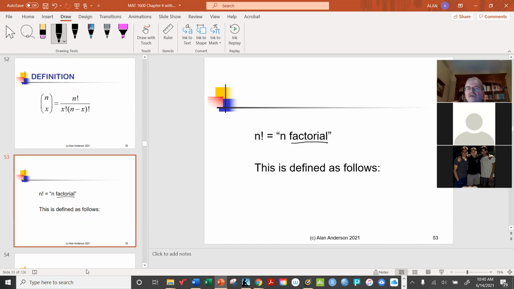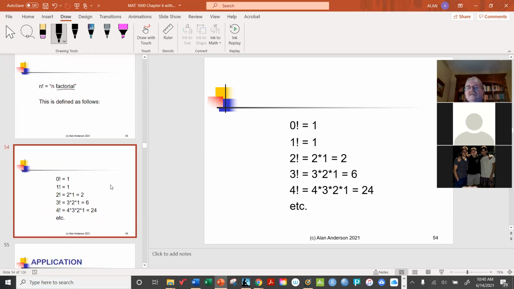Now, what does that actually mean? It means this. 0 factorial equals 1. 1 factorial equals 1. And then after that, it gets interesting.